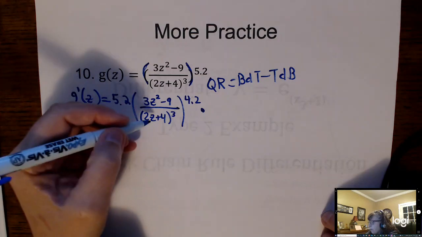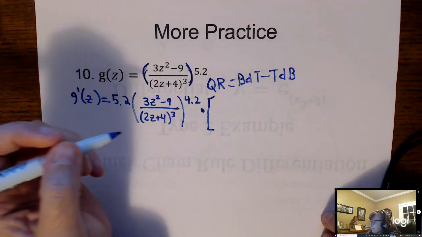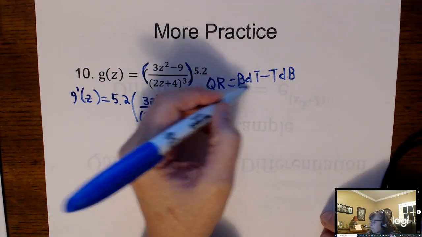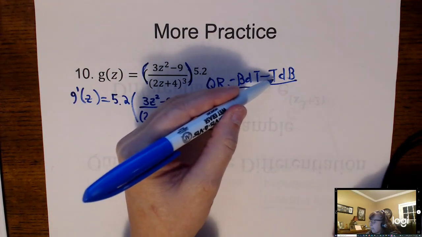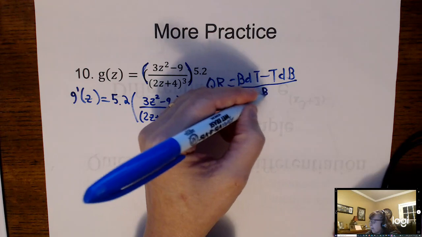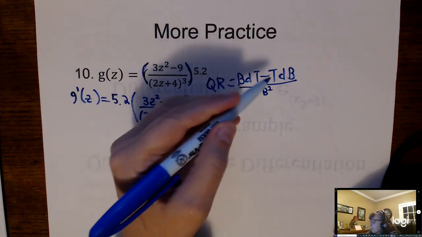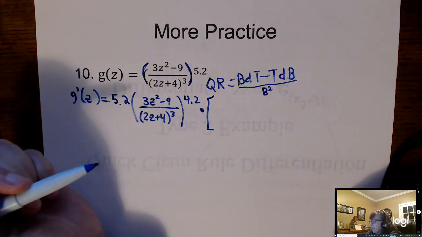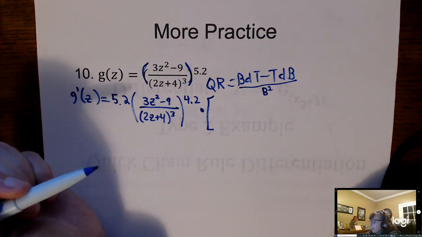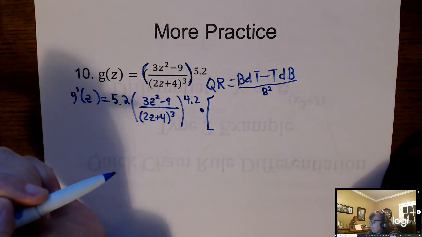So here we go. I'm going to use a bracket because I have a minus here. Oops, I'm sorry, go back. The quotient rule is bottom derivative of the top minus top derivative of the bottom over the bottom squared. Almost forgot that. Because of this minus, I need this bracket here. So time to take the derivative of the inside using the quotient rule.